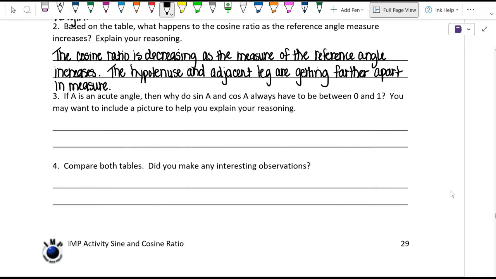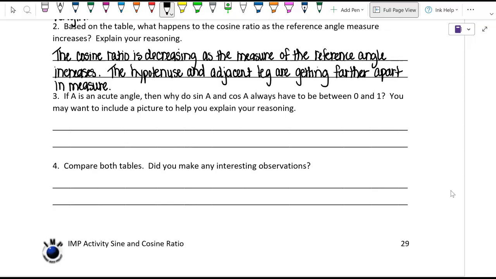Number 3, if A is an acute angle, then why do sine A and cosine A always have to be between 0 and 1? And I actually already addressed this. When someone gave me an answer that was 1 point something, I knew that there was something wrong.